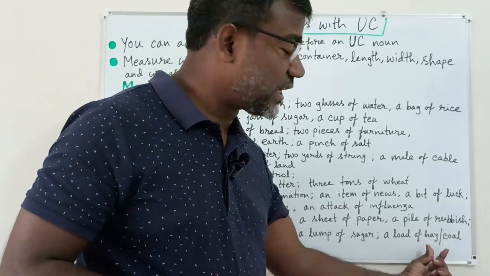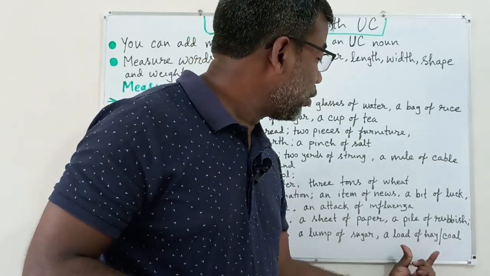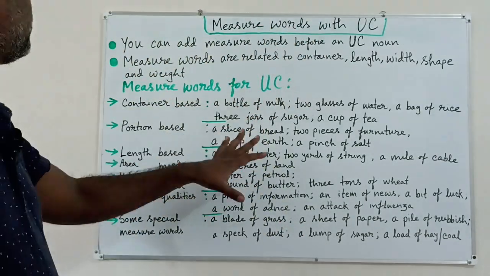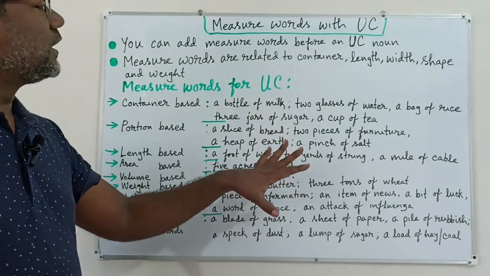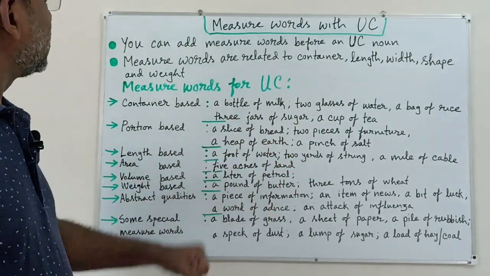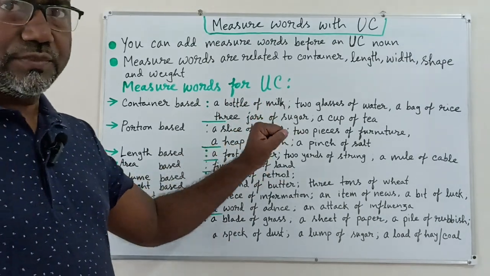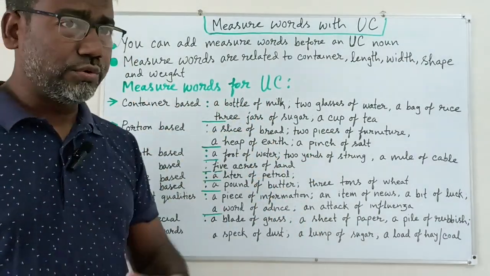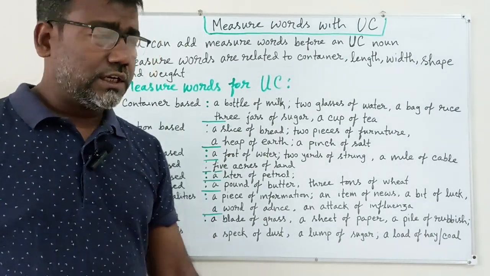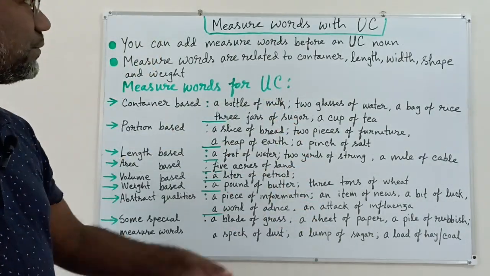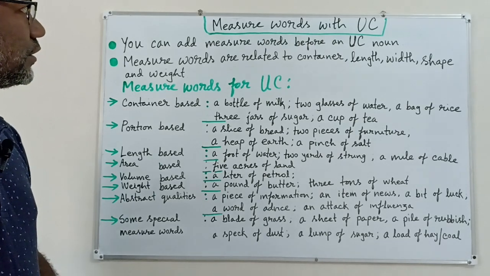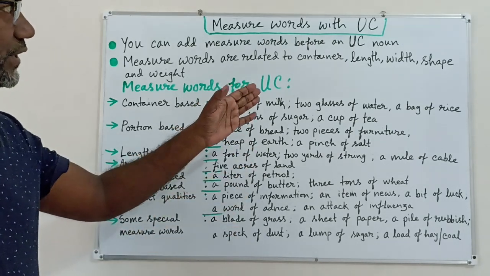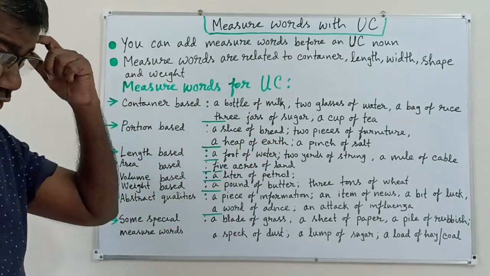Hay means dry grass. A load of coal. These are the measure words that we have looked over now. These are very useful, very easy. I think if you remember these measure words, you can use them when you speak or when you write. I think it will be very beneficial for you to understand, to realize, and sometimes to memorize.